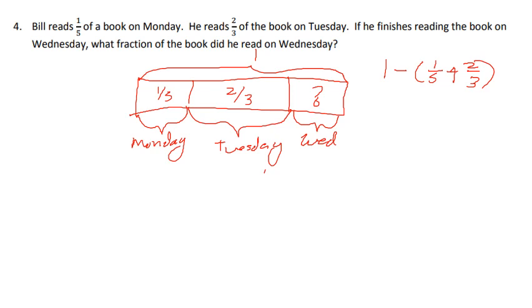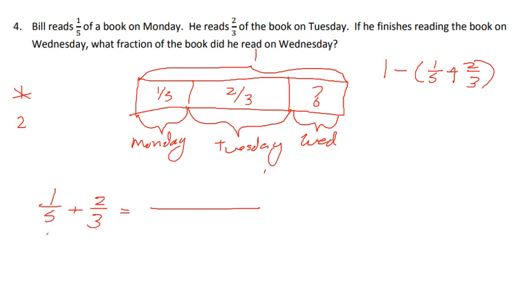So first thing I'm going to do is add 1/5 plus 2/3. Now I can't turn 3 into 5, so our first option is out. The second option is finding the least common denominator, and I know if I go 5, 10, 15, 10 is not a multiple of 3, but 15 is. And that's the same as our smiley face method.